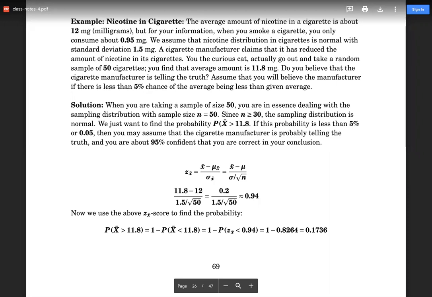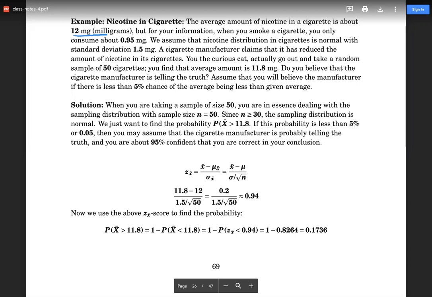The average amount of nicotine in a cigarette is about 12 milligrams. But for your information, when you smoke a cigarette, you only consume 0.95 milligrams or so. So on the average, there are about 12 milligrams in a cigarette, but when you smoke it, you actually consume roughly about 1 milligram, not the whole 12 milligrams.